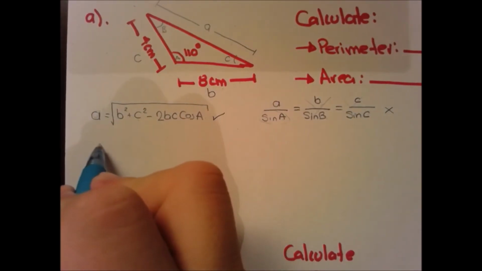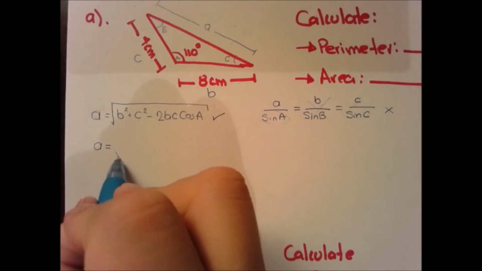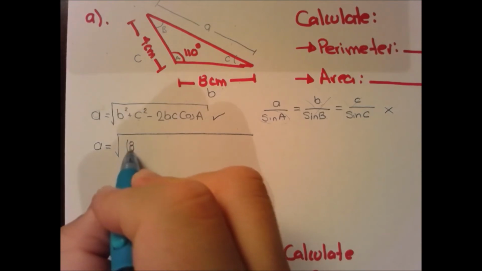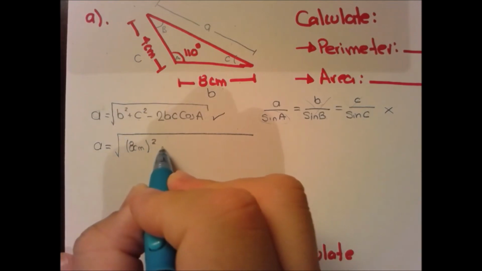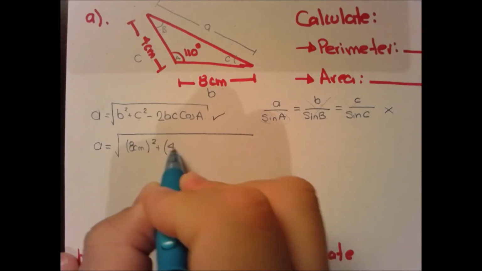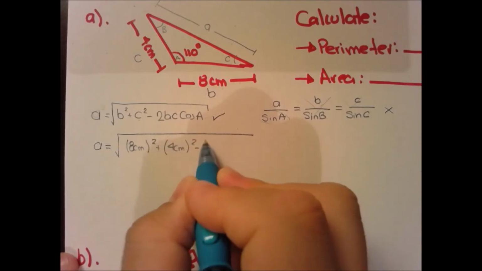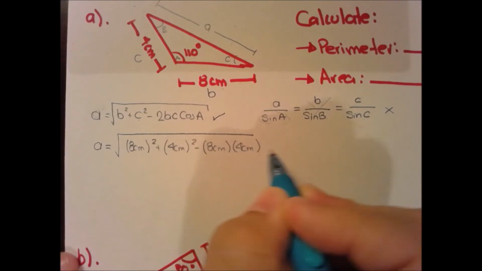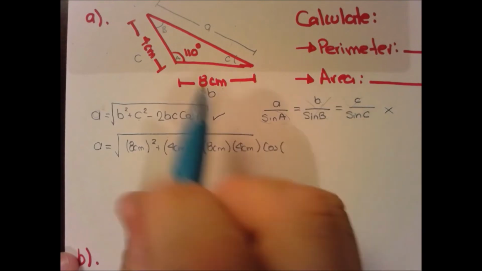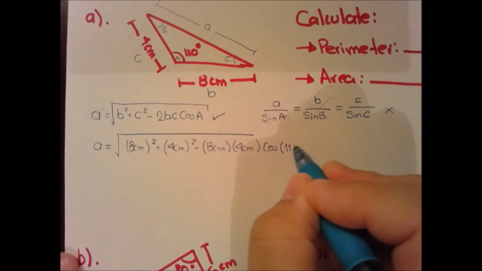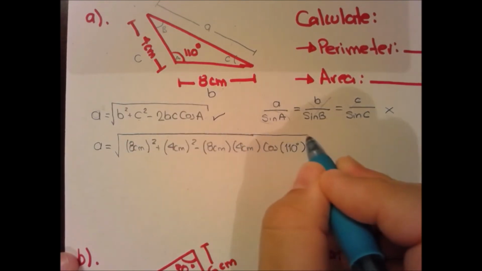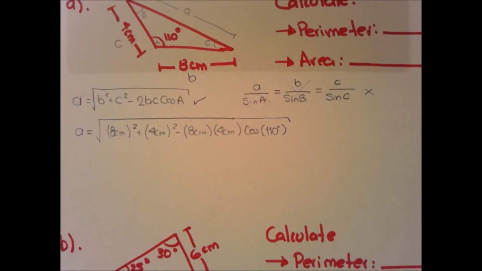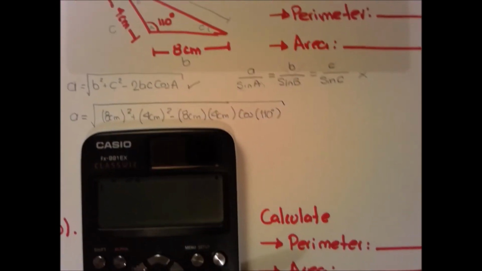Okay, so let's substitute the data over here. a is going to be the square root of 8 centimeters squared plus 4 centimeters squared, minus 8 centimeters times 4 centimeters times the cosine of 110 degrees. Alright, so here we have how to calculate a. Let's use our calculator.